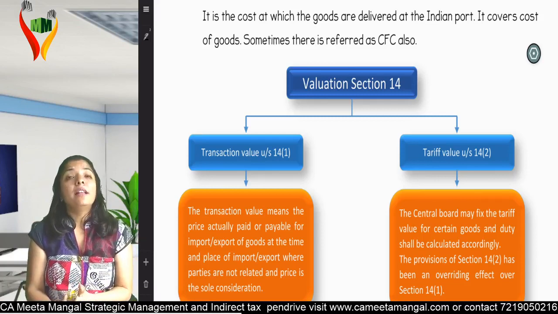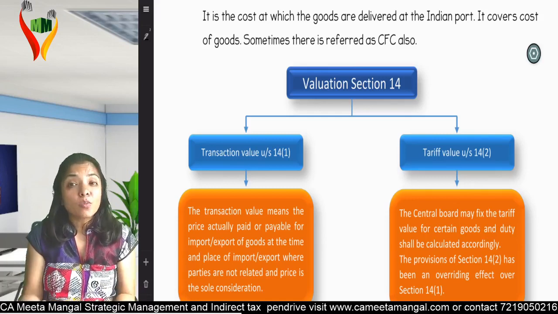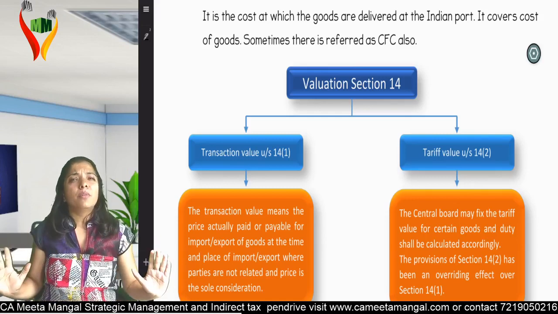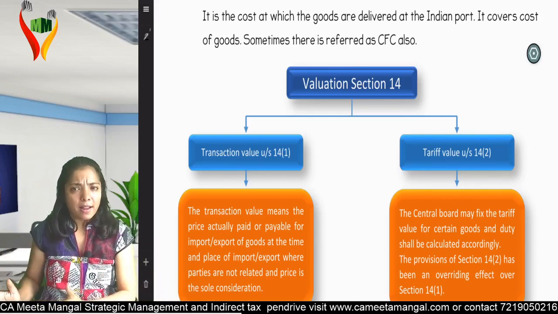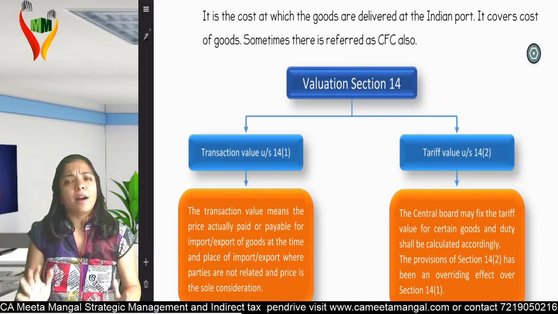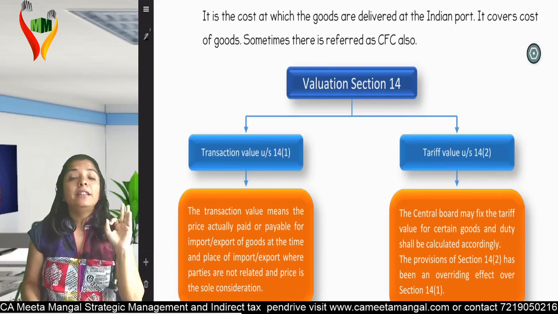What is 14(1)? 14(1) means transaction value. In simple words, suppose you're taking a lecture from me, you're coming to my class and I'm charging 14,000 rupees for my lecture. How much have you paid me? 14,000 rupees.